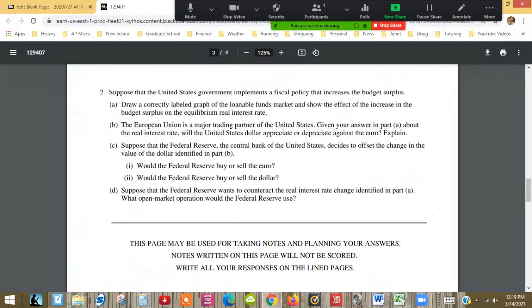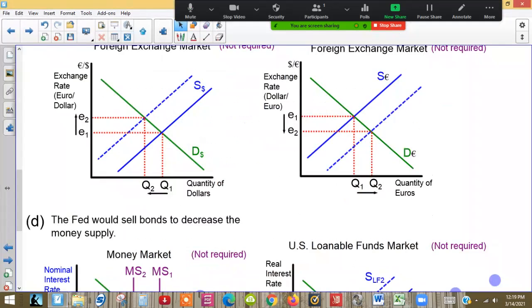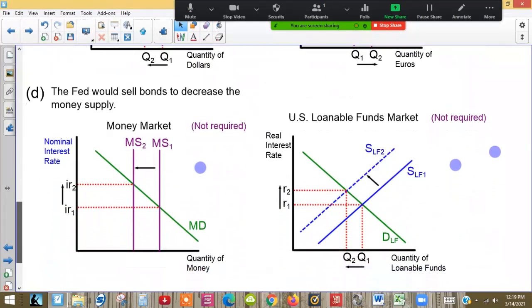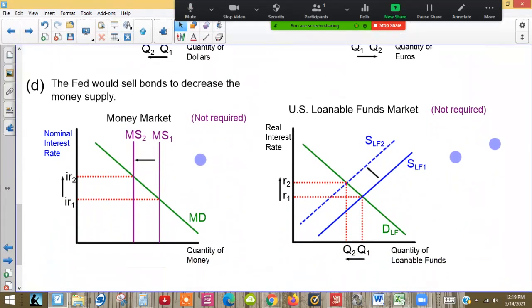Well, jumping back over here, the Fed wants to raise interest rates, so they're going to sell bonds, and that's going to pull money out of the money supply, which shifts the money supply curve to the left.